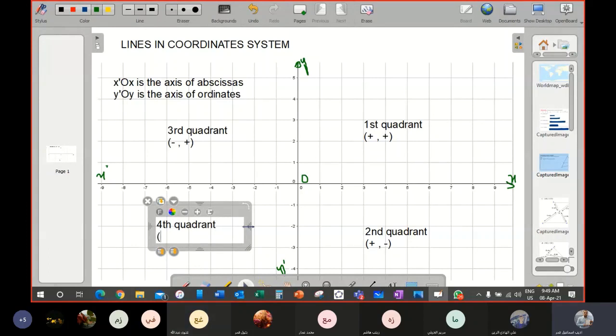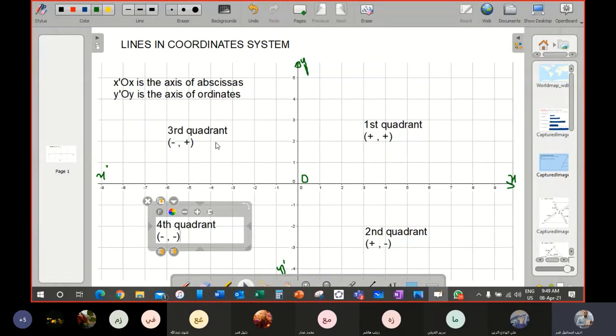The abscissas are what? Negative or positive? Negative. The ordinates? Negative. As you can see here, in the first quadrant, both the abscissas on OX and the ordinates on OY are positive. On the second quadrant, the abscissas are on OX positive and the ordinates are on OY prime negative.